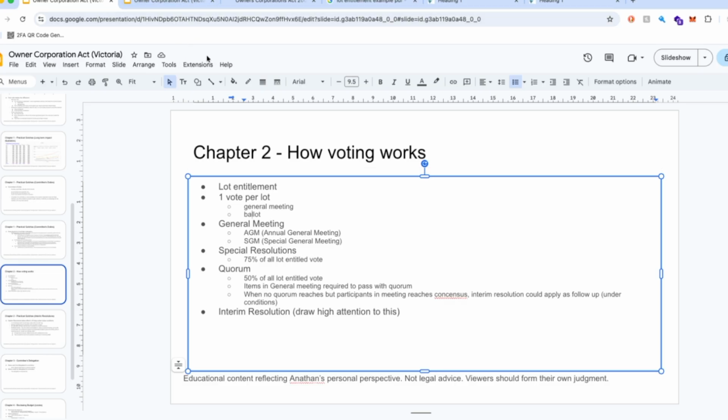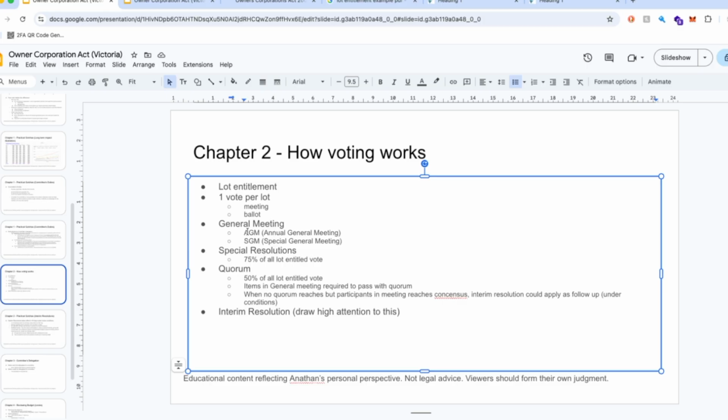Let me change this to meeting. Meeting covers all meetings, so it can be a general meeting or any type of meeting.